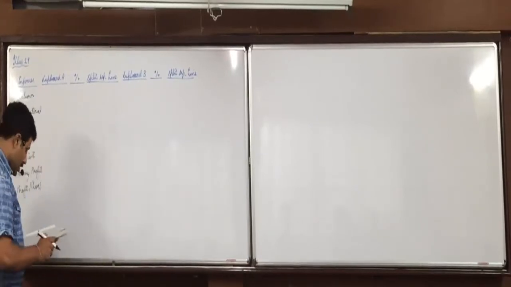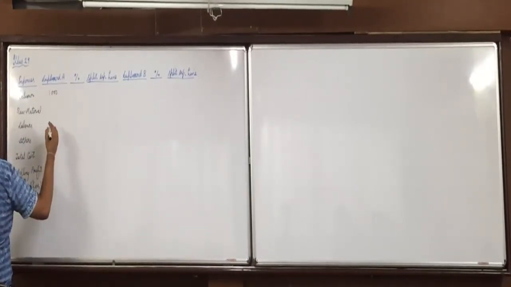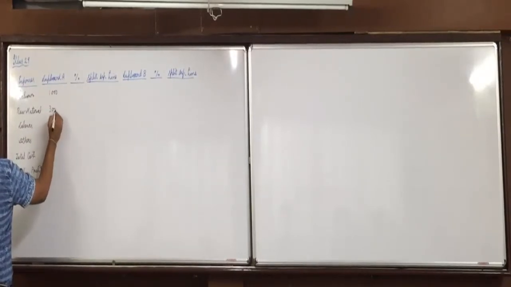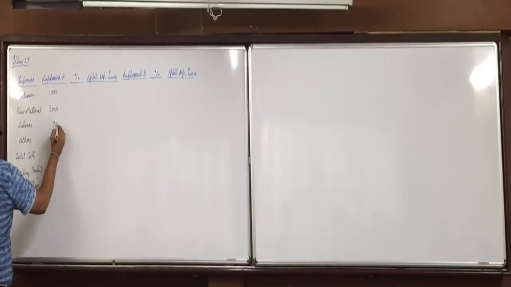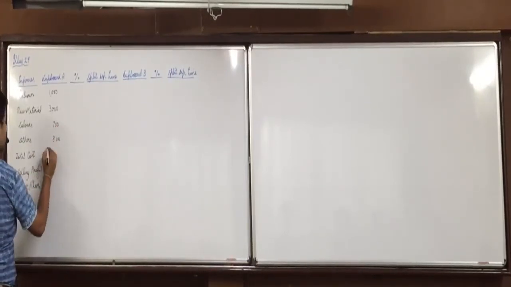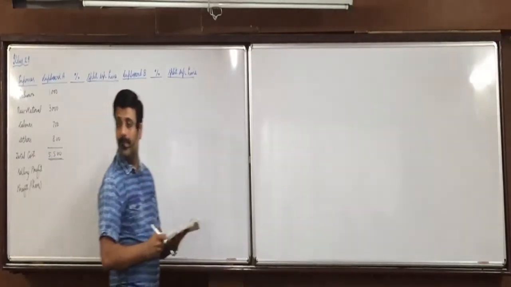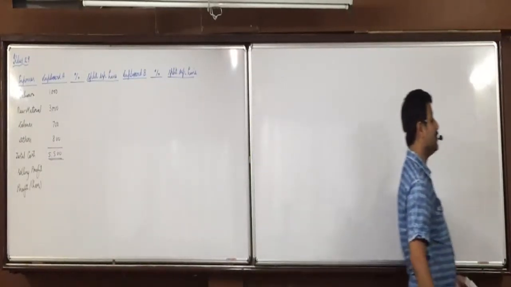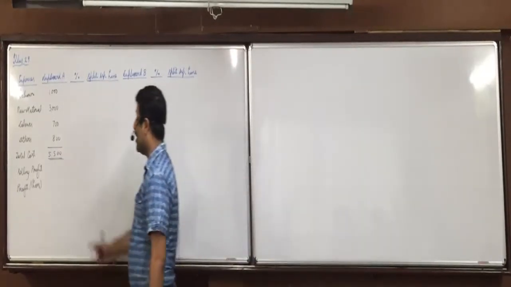Okay. Now, labor is 1,000. Raw material is 3,000. Colors 700. Others 800. Total cost 5,500. Okay. Richa, what is the selling price?